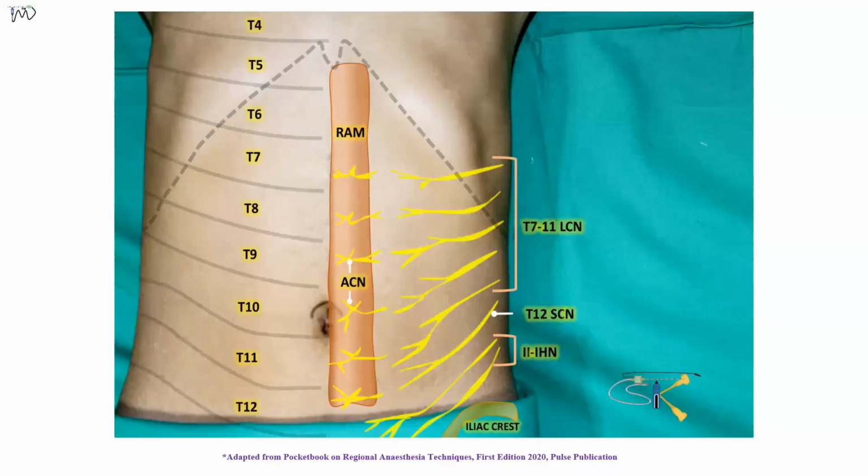Let's begin with the innervation of the abdominal wall. The anterior abdominal wall is innervated by thoracoabdominal nerves originating from the anterior rami of T6 to T11 intercostal nerves, those are lower thoracic spinal nerves, subcostal nerves, that is T12, and the ilioinguinal iliohypogastric nerve.